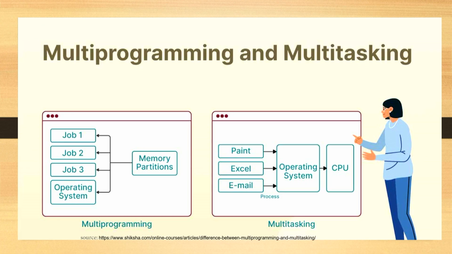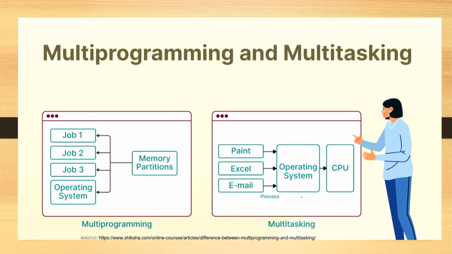Next is, what is the difference between multi-programming and multitasking? From the figure you see that in the case of multi-programming, the memory has been partitioned and several jobs have been assigned to these partitions for execution.